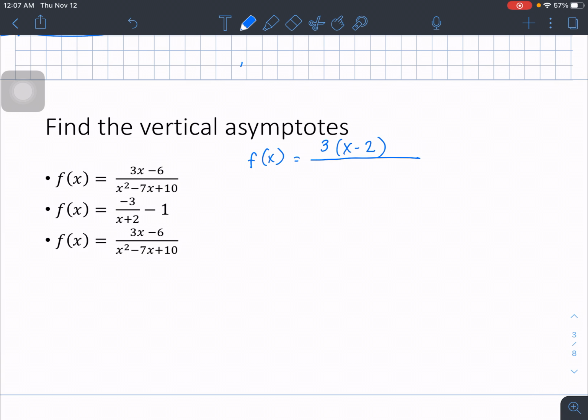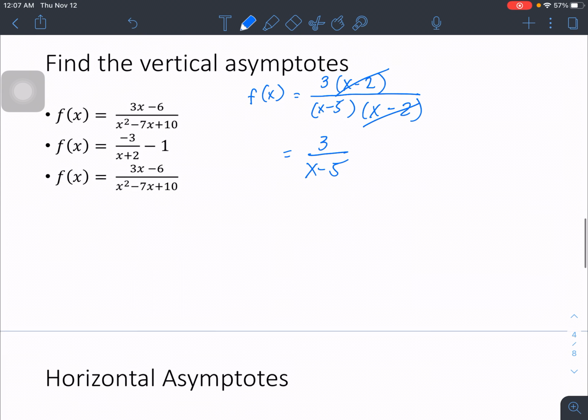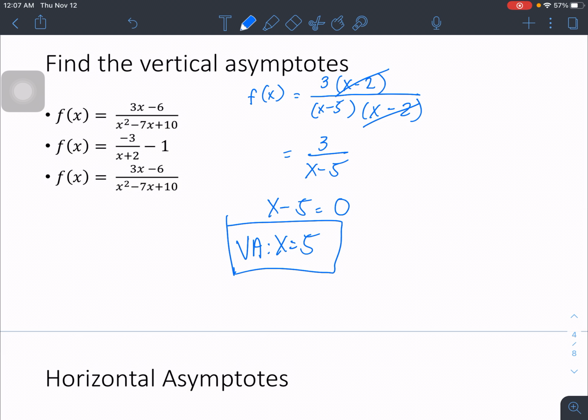Maybe the factors will be x minus 5 and x minus 2. So we could cancel x minus 2 and x minus 2. This will be 3 over x minus 5. So get the denominator, equate it to 0. So x will be equal to 5. So this will be our vertical asymptote for number 1.